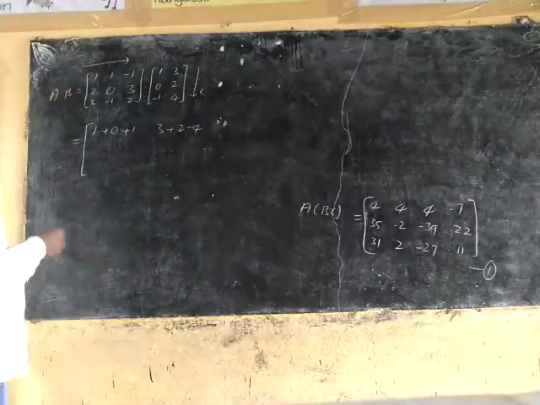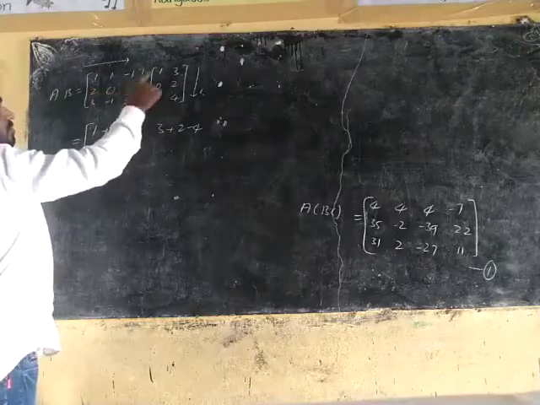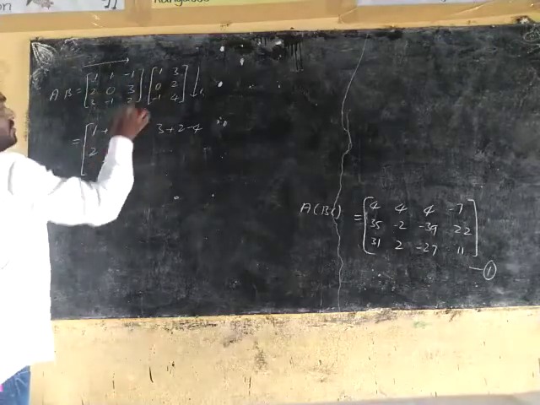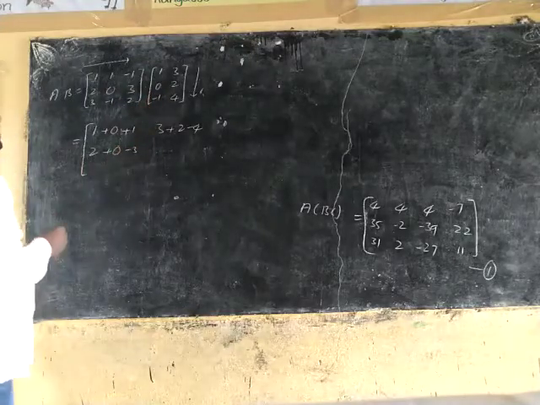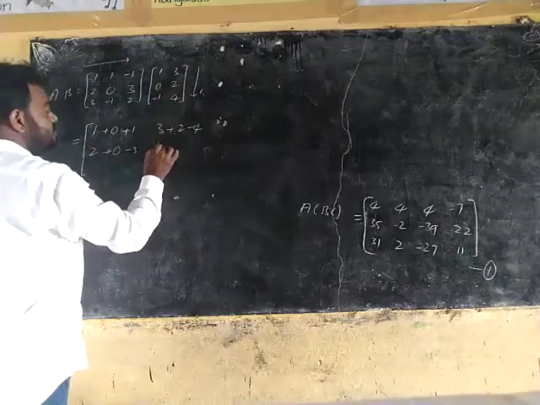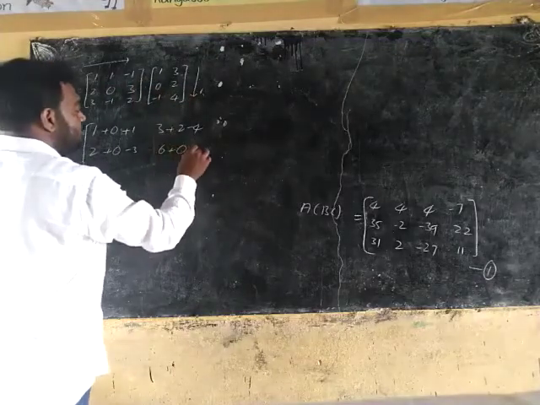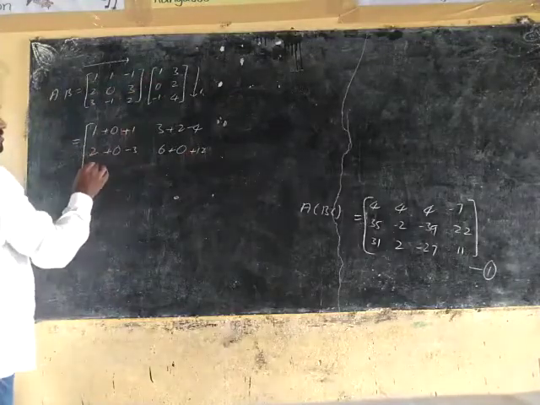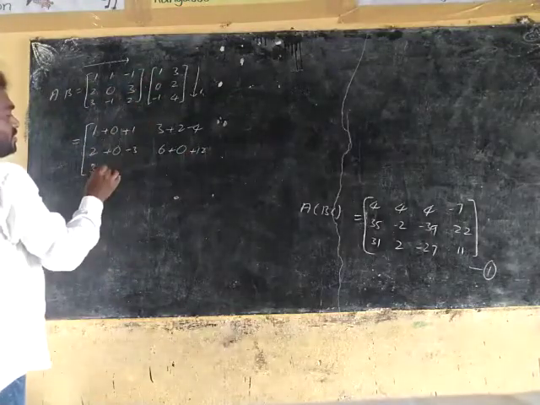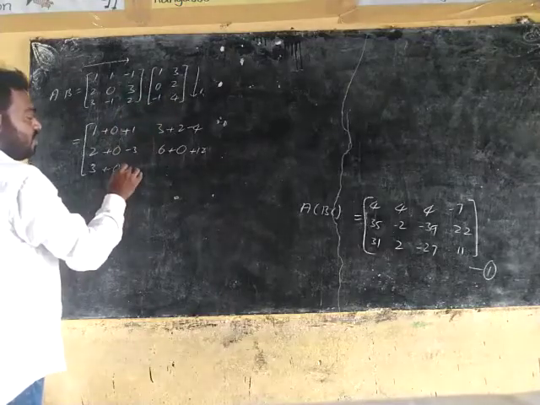Now second row, first column: 2 into 1, 2. 0 into 0, 0. 3 into minus 1, minus 3. Next, 2 into 3, 6. 0 into 2, 0. 3 into 4, 12. Next, 3 into 1, 3. Minus 1 into 0, 0. 2 into minus 1, minus 2.